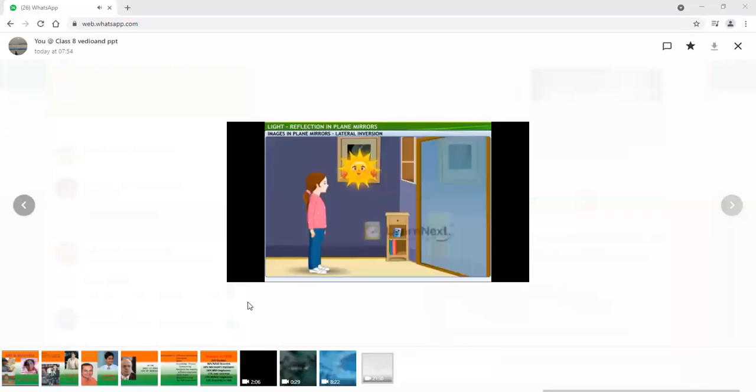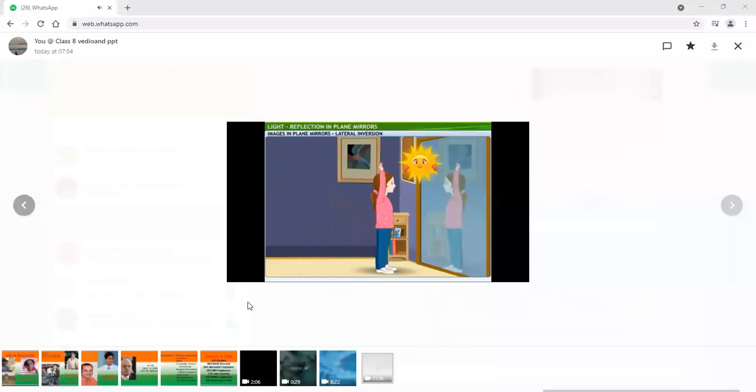Now let me show you another interesting thing about images in plane mirrors. Raise your right hand. Okay, sure. What does the mirror show you? Which hand is raised? Oh, I see what you mean. In the mirror, it looks like the left hand.